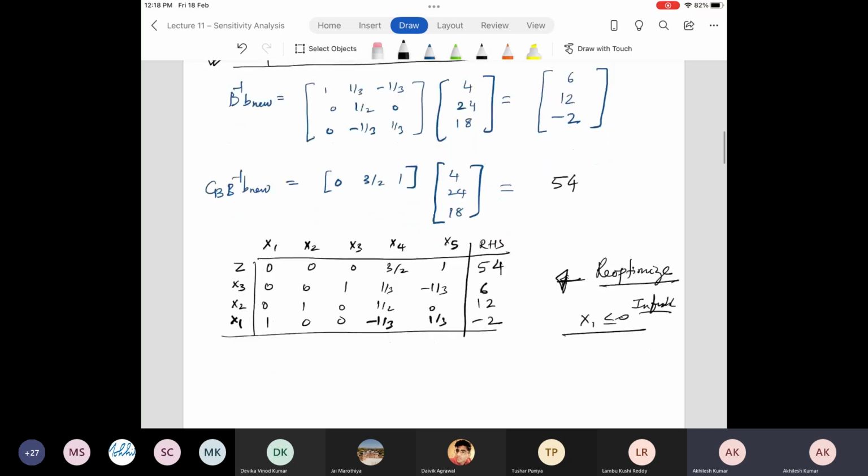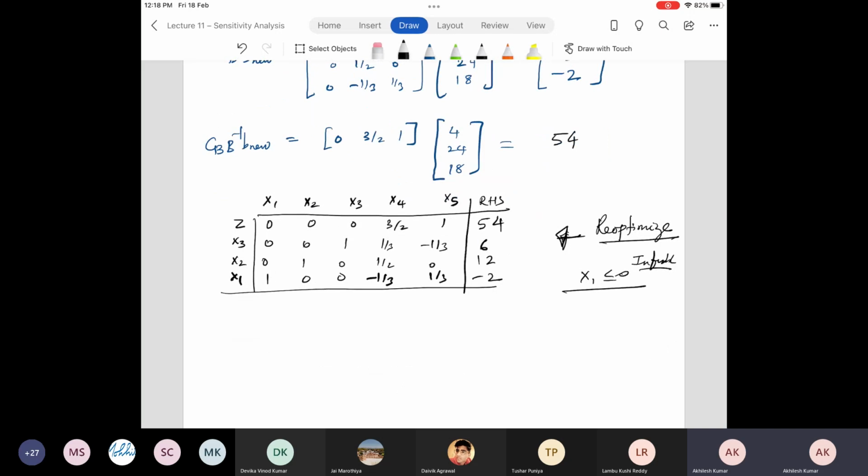Whatever last known solution I know, from there I will proceed. Okay, given if a table is in this form, how would you proceed? How do you proceed when RHS becomes negative?